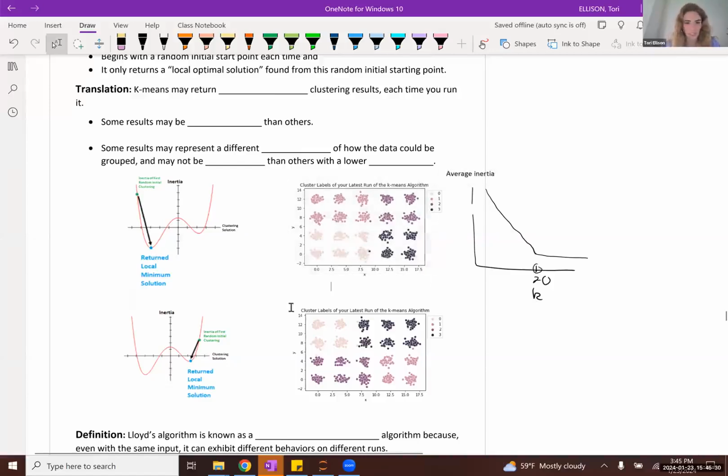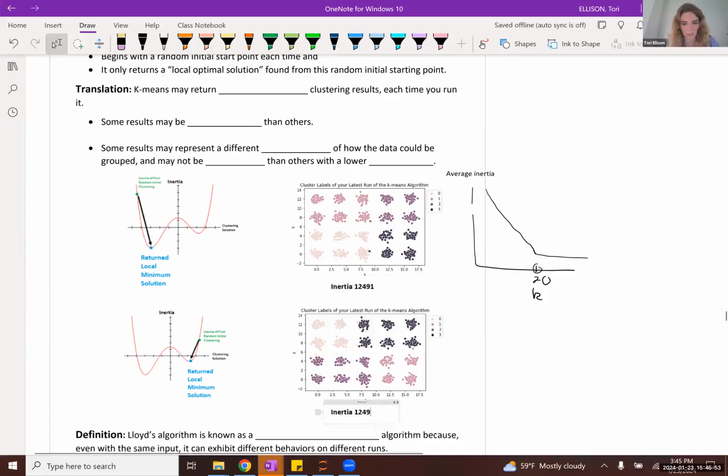And we might have gotten a different result if we had run it again. Now, one of these clusterings has an inertia of something around 12,400, let's say.